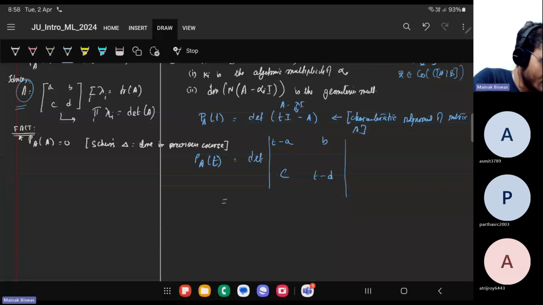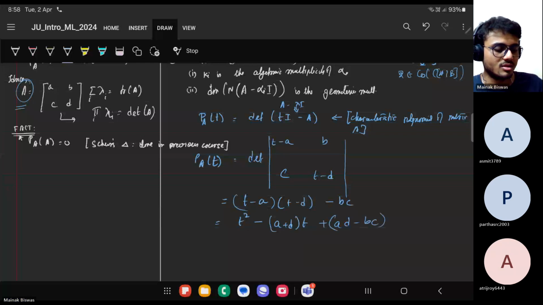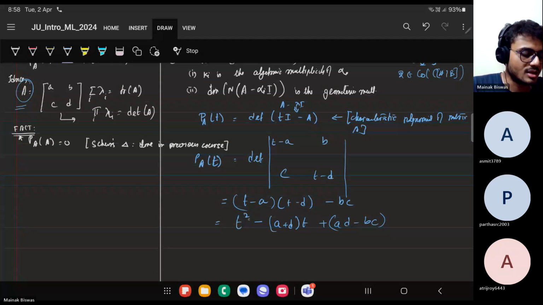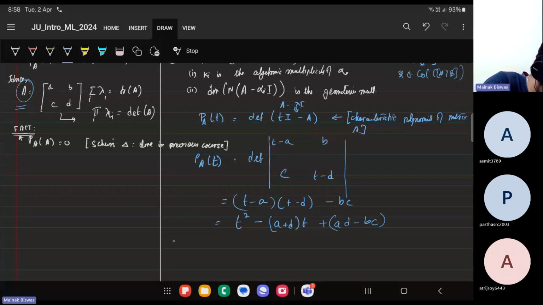So what will this give me? (t minus a)(t minus d) minus bc, which is t squared minus (a plus d) t plus ad minus bc, right? So do you agree the roots of this polynomial in t are the eigenvalues we need?